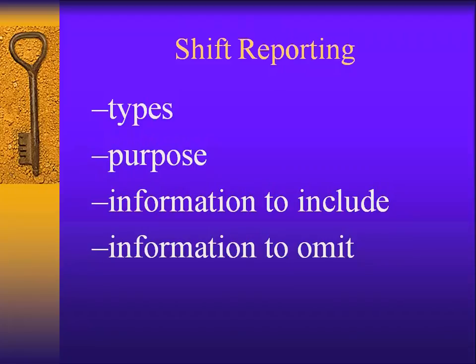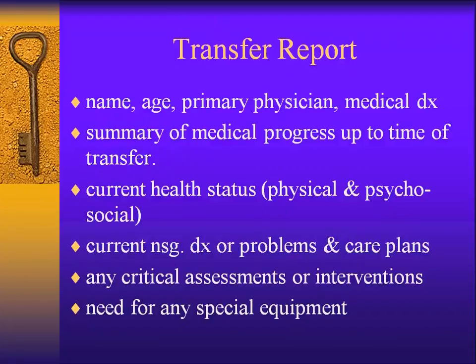Information that can be omitted from the shift report would include things like their age or things that haven't necessarily changed. You want to just focus on this admission and what has changed over the past 8 to 24 hours.